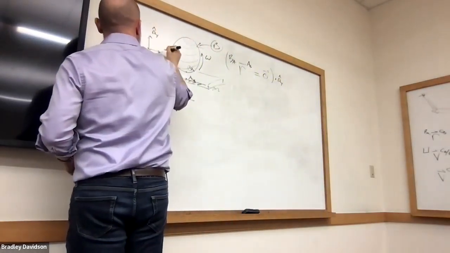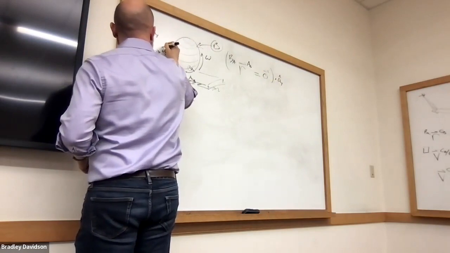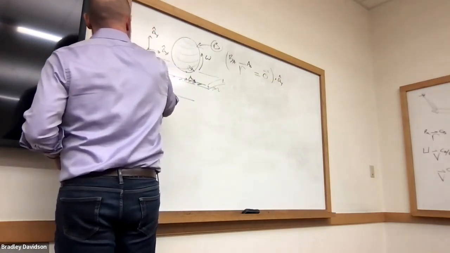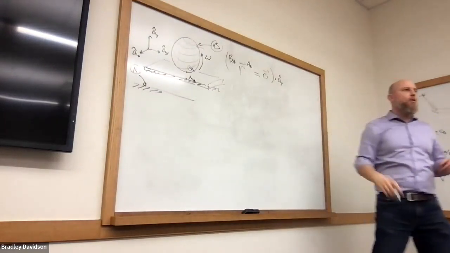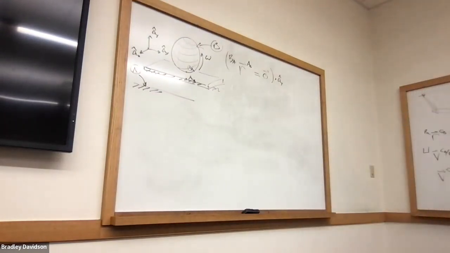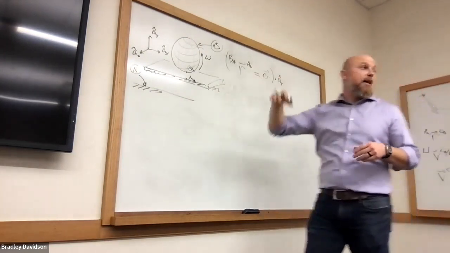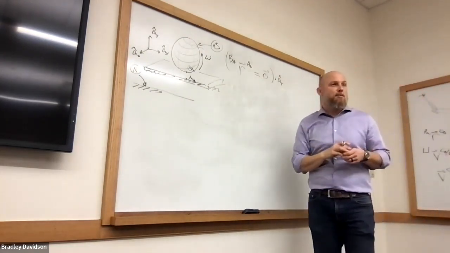So what have I just done there? It's the height, but from what point? From A naught. Yeah, we're saying it's a flat surface. I got my flat surface.